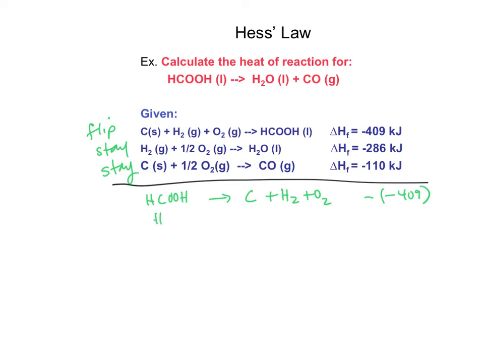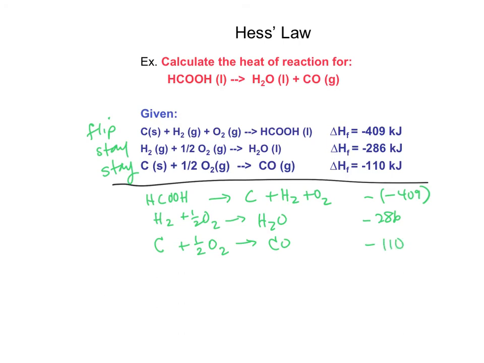I'm going to stay on the hydrogen and 1/2 O2 forming H2O, and therefore I'll have just negative 286 here. And I'm going to stay on the last one, carbon plus 1/2 oxygen forms CO. That one stays, so it'll be negative 110 like that.